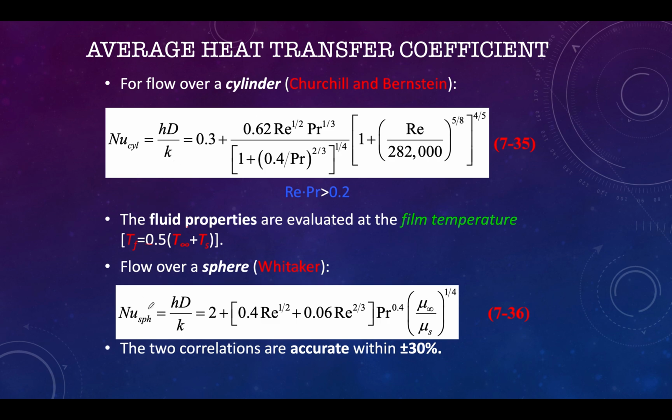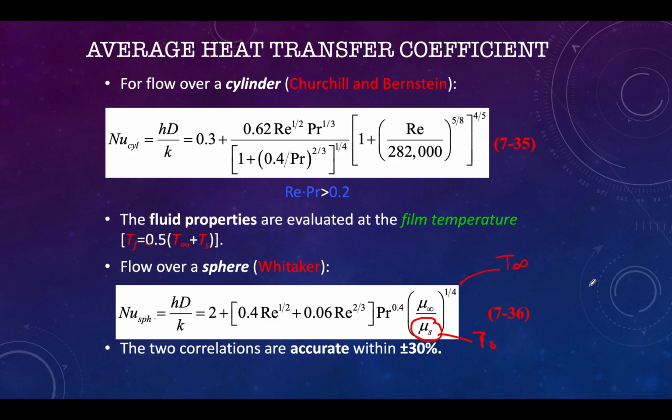For the Nusselt number of a sphere, we will use this equation. You have to remember this equation is slightly different in terms of where the properties are evaluated. All the properties inside this Nusselt number for a sphere will be evaluated at T infinity, except for mu s, which will be evaluated at T surface.